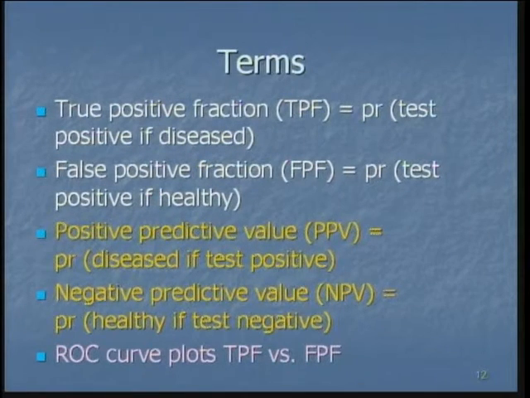These other two measures are on here because we're going to talk eventually about presenting results. And in fact, true positive fraction and false positive fraction are not necessarily the most informative tools that you would use to present the accuracy of a test. Positive predictive value and negative predictive value potentially are more clinically meaningful because they tell you, as you're handing a result to a patient, here's how likely I think that this result is true.